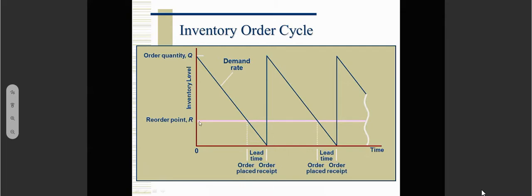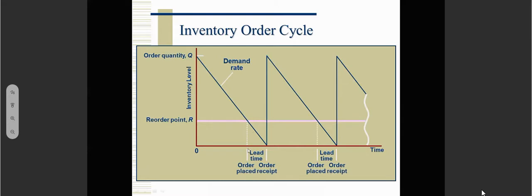So when we keep monitoring the inventory level and it reaches the reorder point level here, it signals to the personnel in charge of inventory control to proceed with the replenishment order to replace the inventory that was used to support the customer demand.